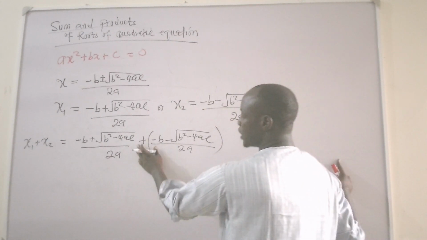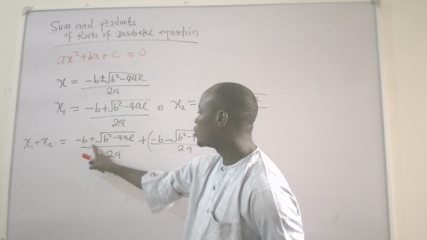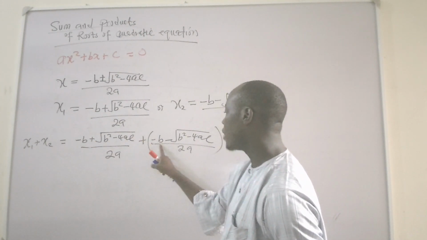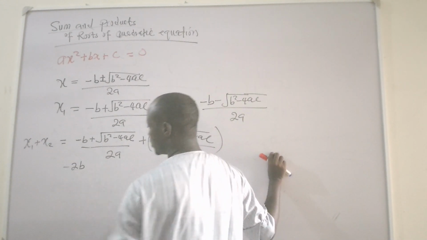So therefore, plus times minus is minus. So now we are going to have minus b minus b, we are going to have minus 2b.